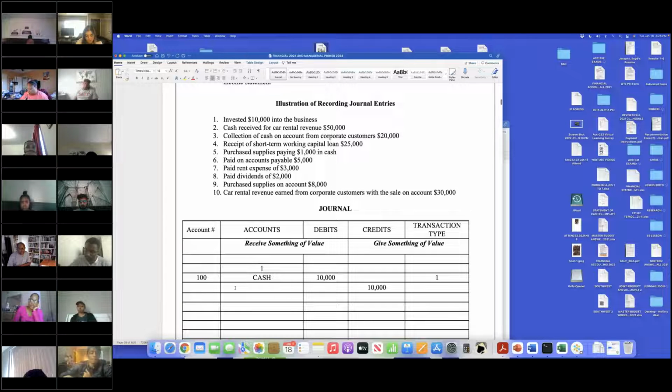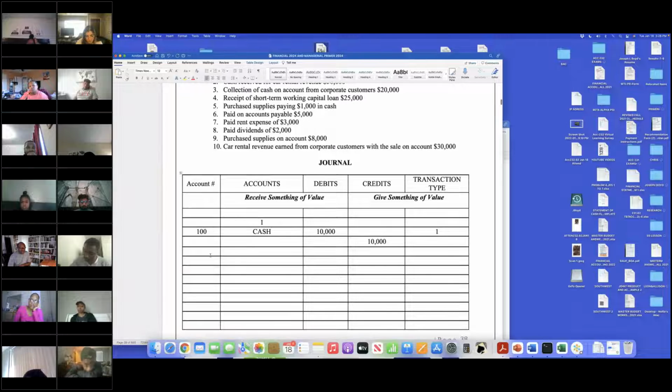So we're going to put a 400 in here for common stock. That's all the journal entry is.